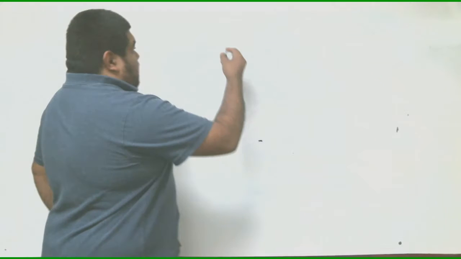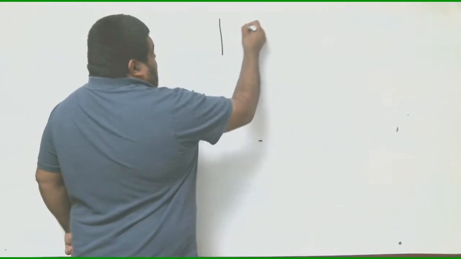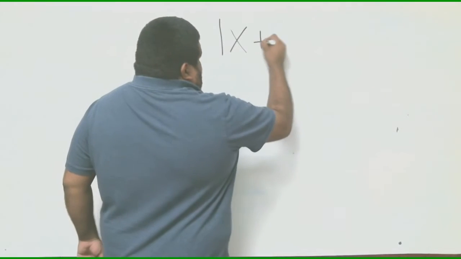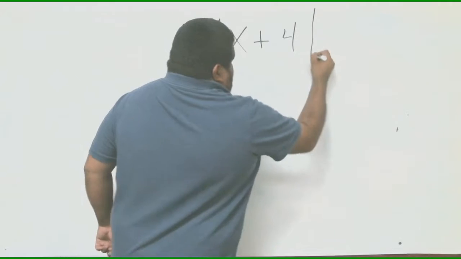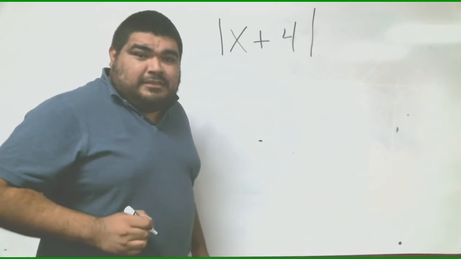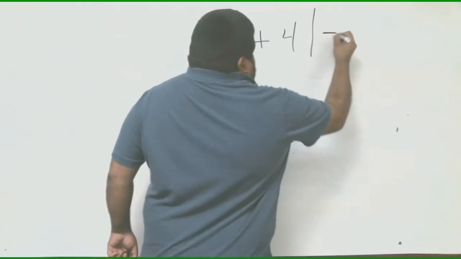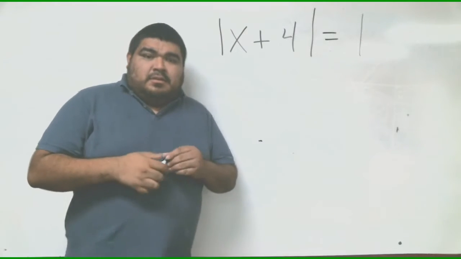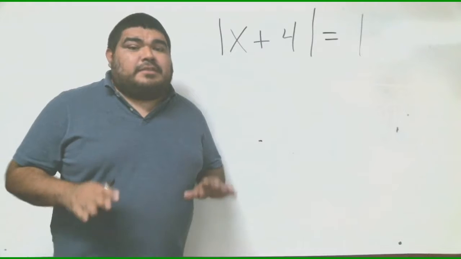The problem we're going to be dealing with today is the absolute value of x plus 4 equals 1. It might look a little complicated, it's okay.